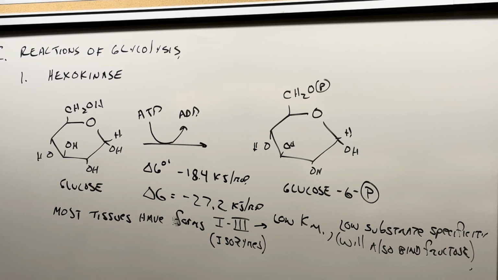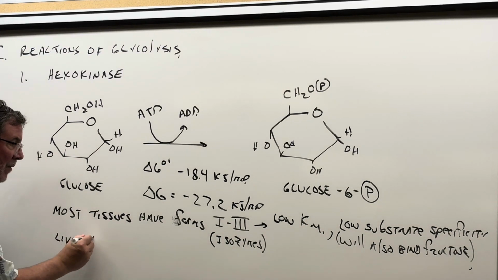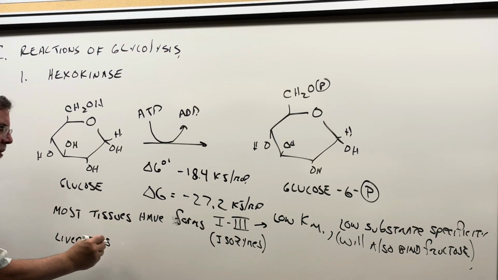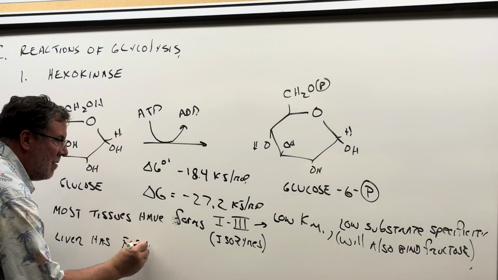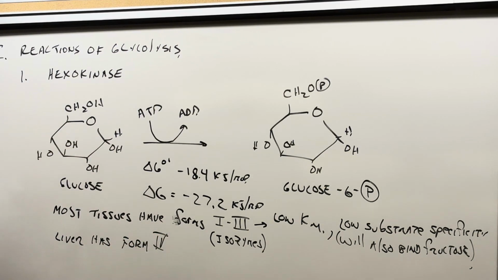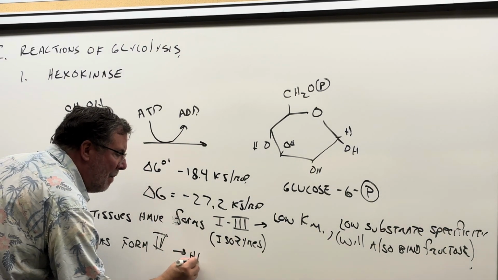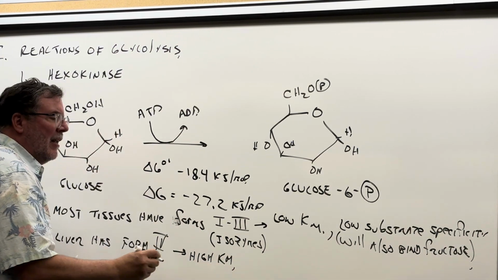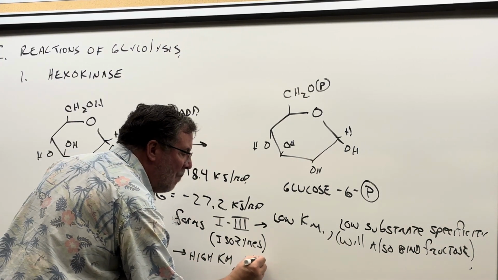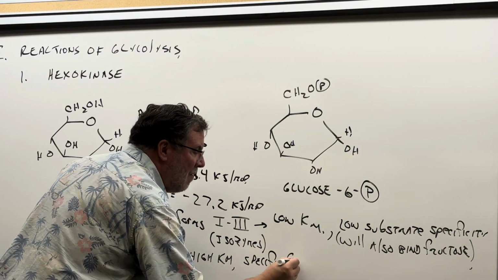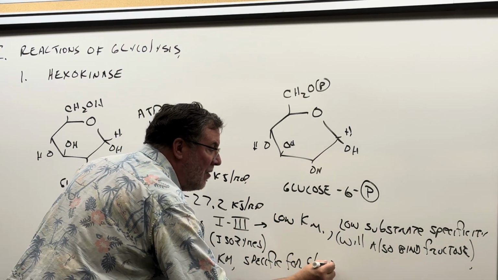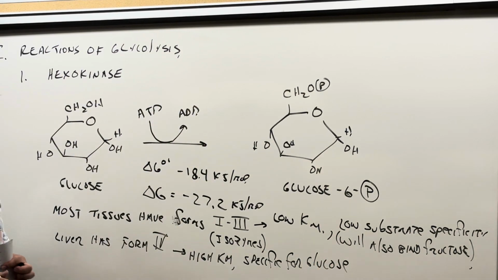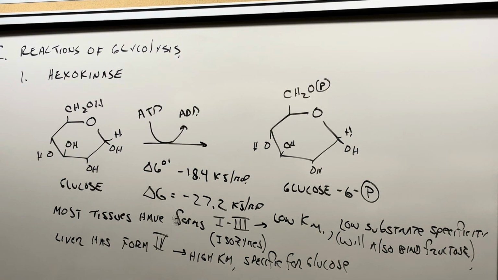The main story that comes up is that liver has form 4, and this has a high Km and is specific for glucose. Sometimes people refer to it as glucokinase because it only phosphorylates glucose.